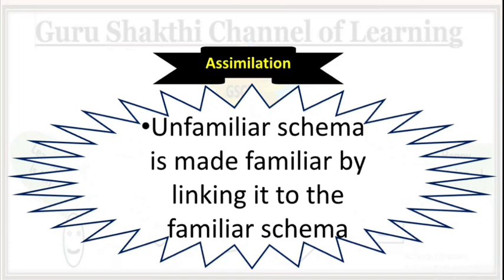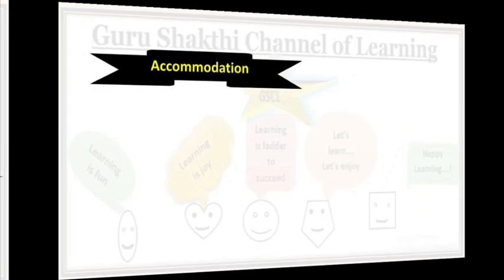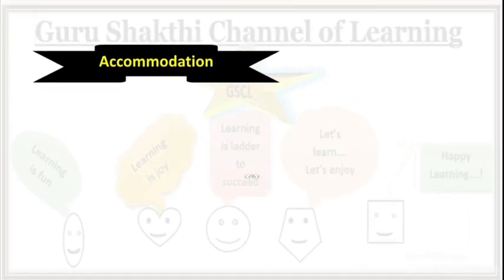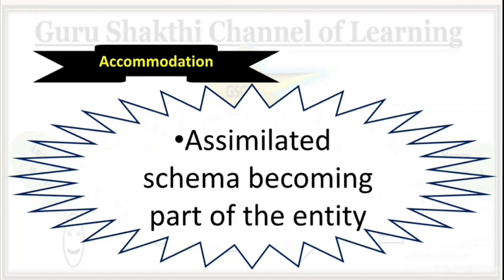Assimilation is a process where the unfamiliar schema is made familiar by linking it to the familiar schema. At the end of the assimilation process, there is a new schema that has got created.